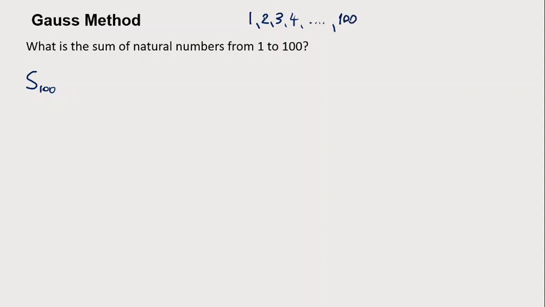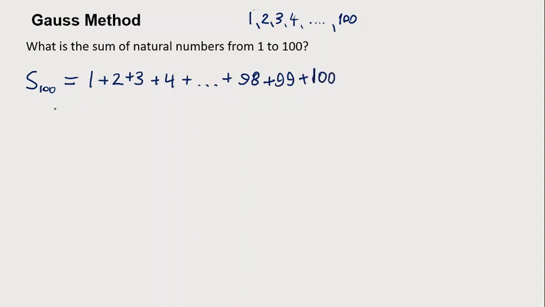This is an arithmetic progression because we keep adding 1 to every single term. So S100 is equal to 1 plus 2 plus 3 plus 4 plus and so on plus 98 plus 99 plus 100. I could write it like this if I wanted.